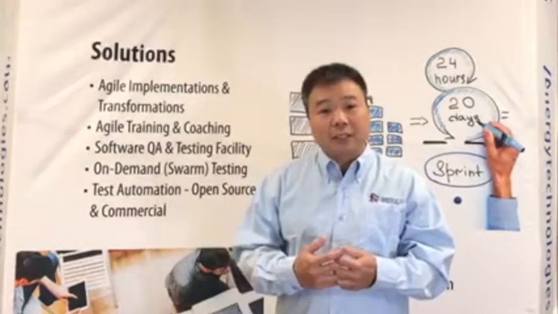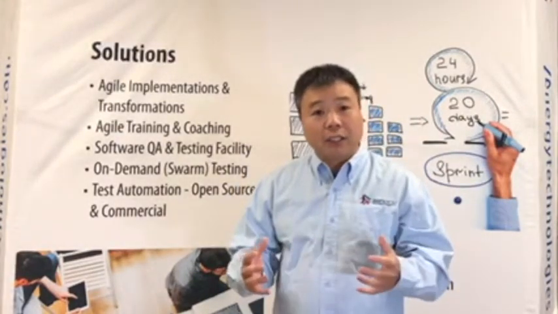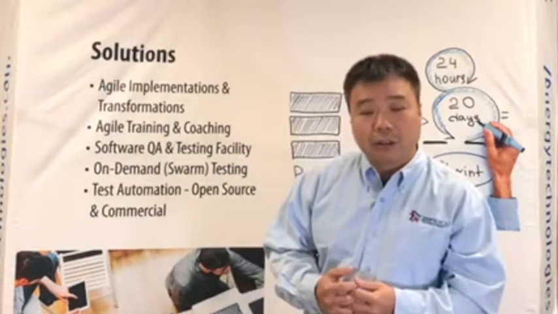So QA can work with development, and the developer can explain, hey, I created this method, and this method takes in 3 parameters and spits out 2 return values.